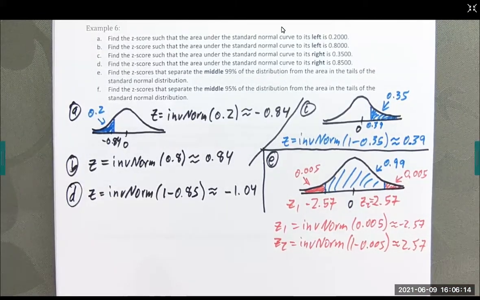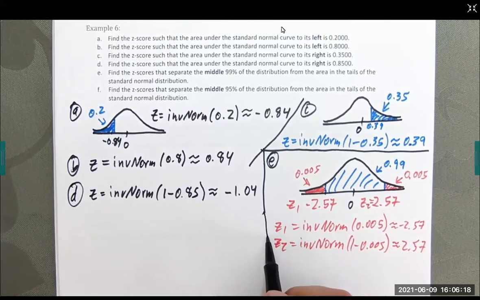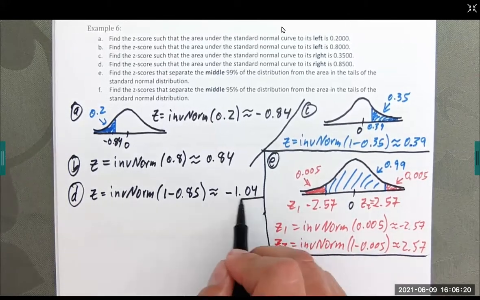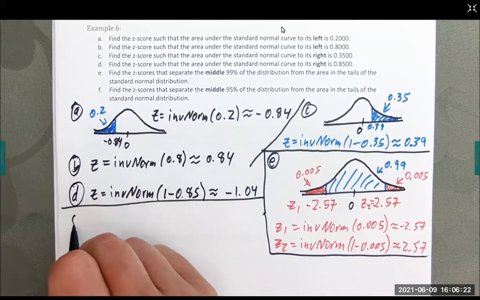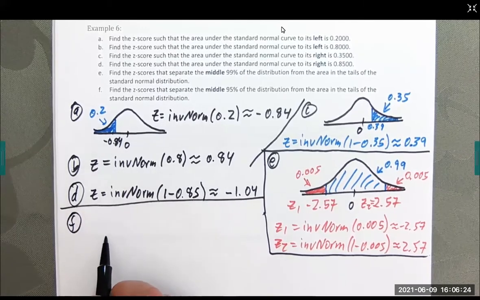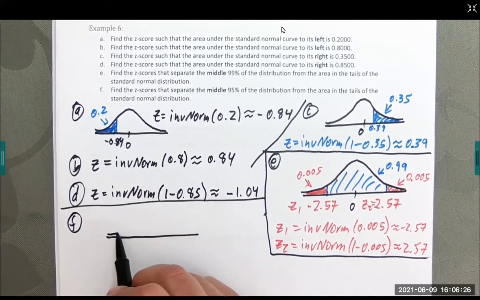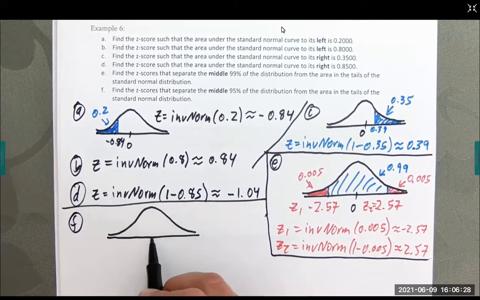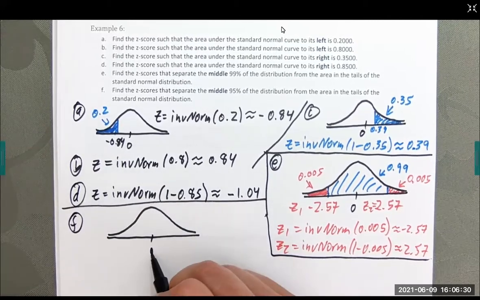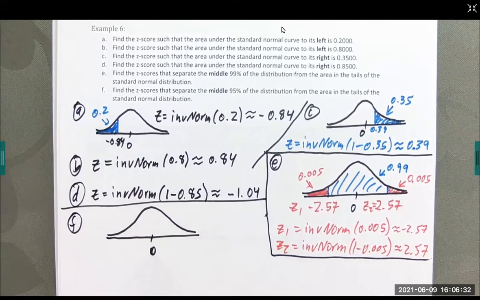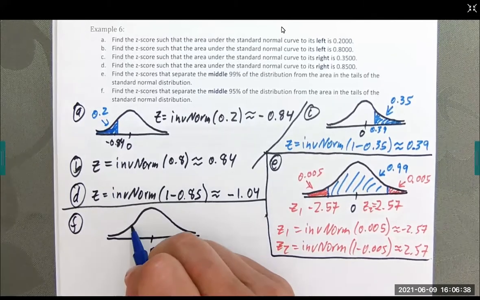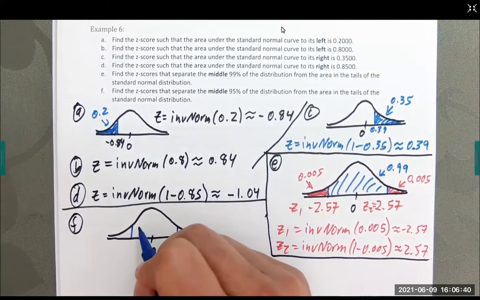All right. In F, I'm going to draw the picture out as well. They want the middle 95%. We kind of already know it should be something like -2 to 2 standard deviations away. So the middle 95%, go here, here.